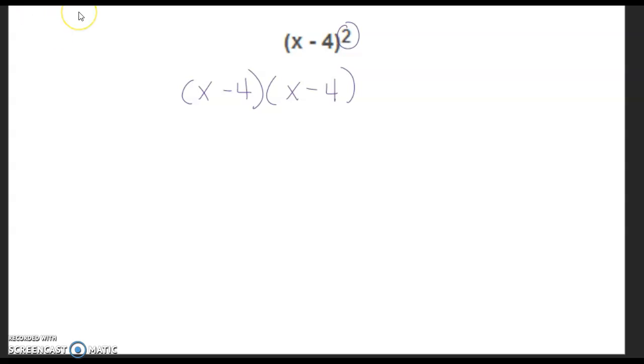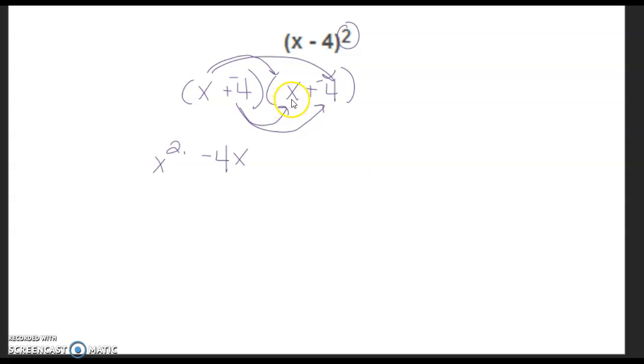All right, so let's go ahead and distribute that x to everything first. So we have x times x, which is x squared. x times negative 4 is negative 4x. Then we go down here to distribute the negative 4.